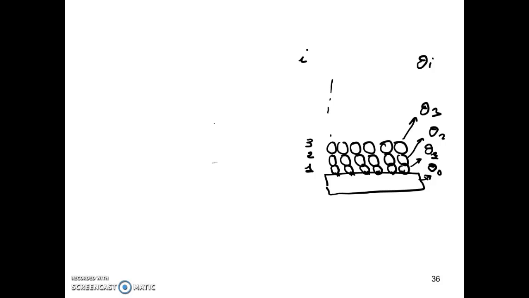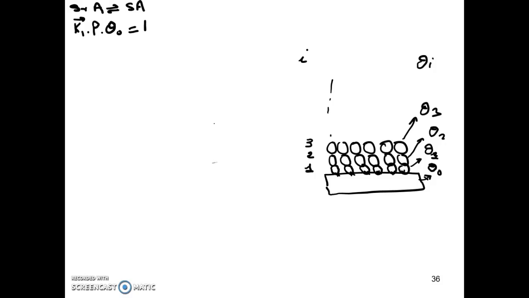Okay, so if we apply now Langmuir over each of these layers, we will consider first the adsorption over the substrate. As we have solid S plus A, if you remember the Langmuir isotherm, S plus A will give us SA. So the adsorption over the substrate will be, for the first layer, K1 adsorption times P of the gas molecules times theta 0, the fraction of sites over the substrate where the adsorption will take place.